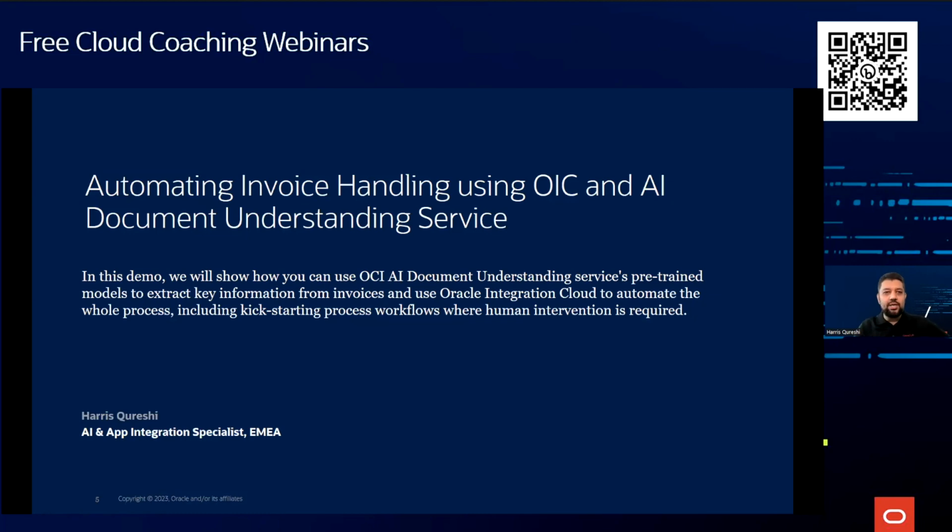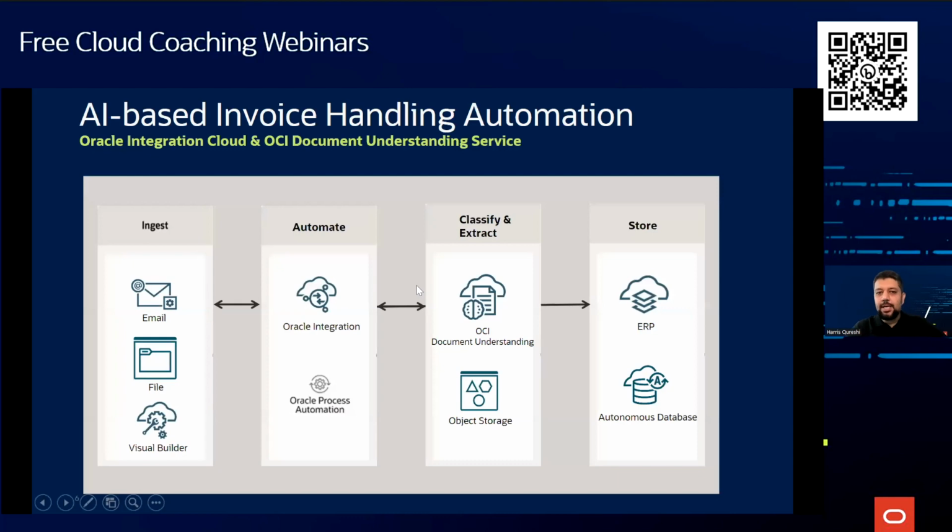Today, what we are planning to do is show you a very important use case that we are seeing a lot in demand with customers, about using one of our AI services, Document Understanding Service, and how we can use Oracle Integration Cloud to automate an end-to-end process. This process is invoice handling.